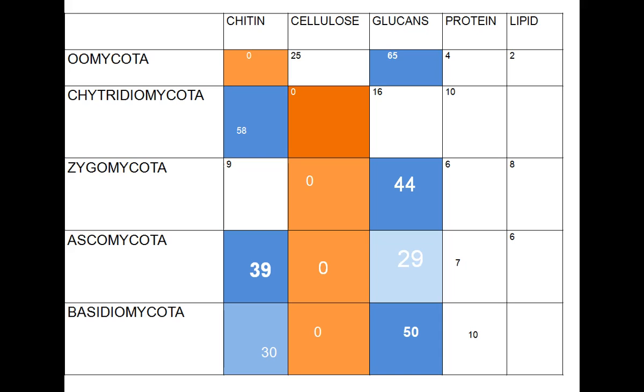Zygomycota have glucans 44% and chitin 9%, and cellulose is absent. Ascomycetes have 39% chitin, 29% glucans, and cellulose is absent. Basidiomycetes have 50% glucans and 30% chitin. Cellulose is absent. So cellulose is present only in Oomycota.